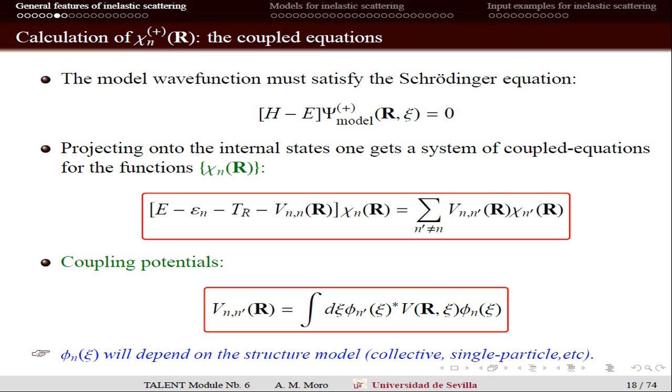Okay. So we have defined a model wave function. We know what the asymptotic behavior is that this function should verify, but we say that we have some unknowns, these chi's, that have to be obtained, and they are obtained by solving this model equation. If we want to write this properly, remember we have some p's and some q's somewhere, so this would actually be a simplified way of writing our Schrödinger equation within the p space.